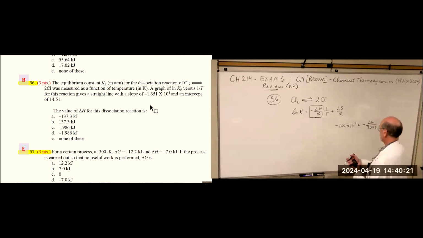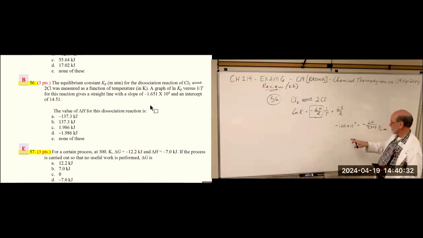This is the slope, and this is the expression for the slope right here. So I set the slope equal to that, and I take the negative along with this over here, so now it's a positive.